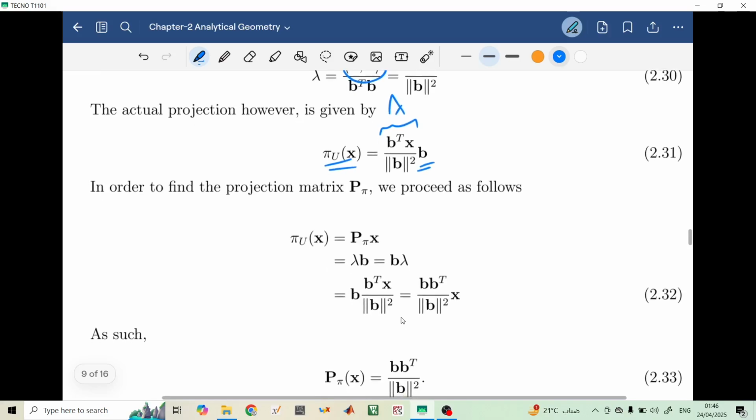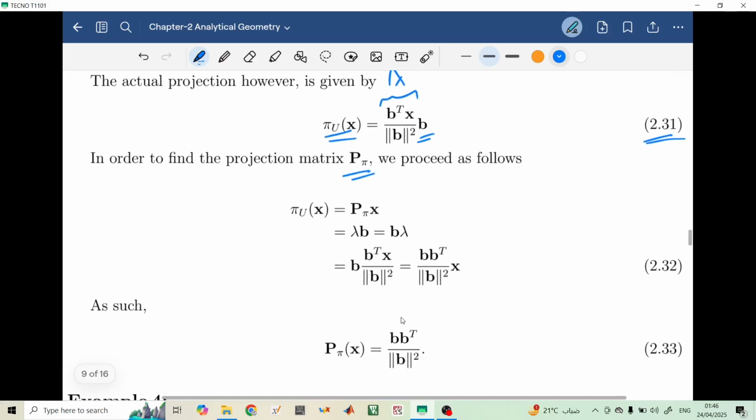Okay. Now we can rewrite this equation by using the projection matrix. How? The projected vector is a linear mapping of the vector itself using the projection matrix P sub pi, which equals lambda b.